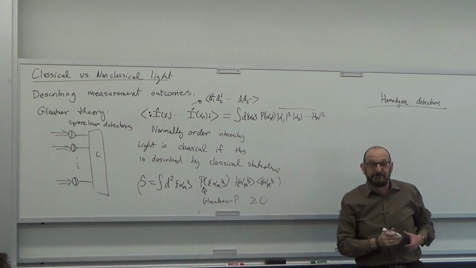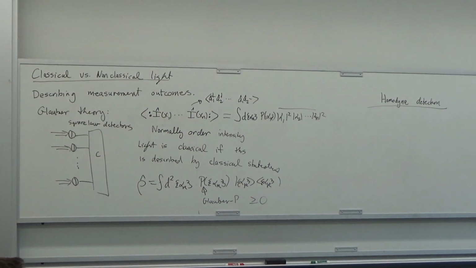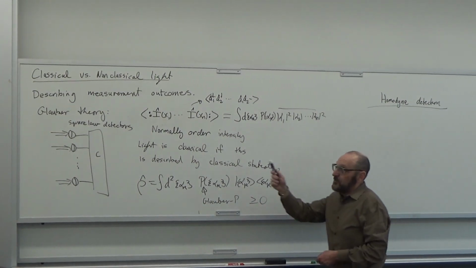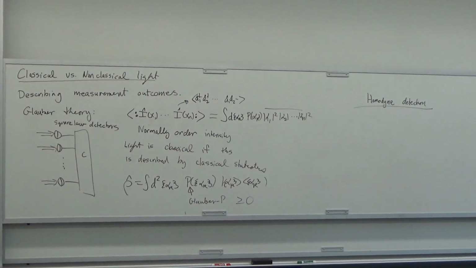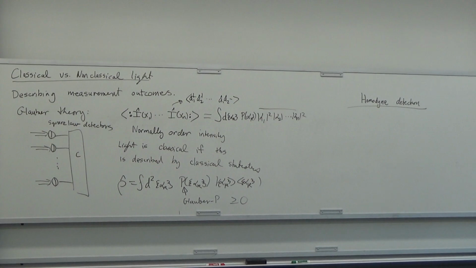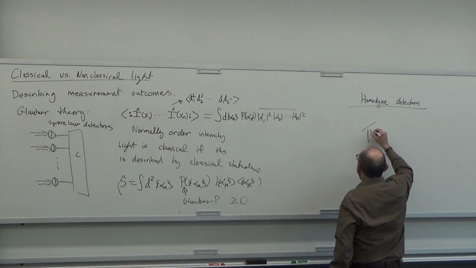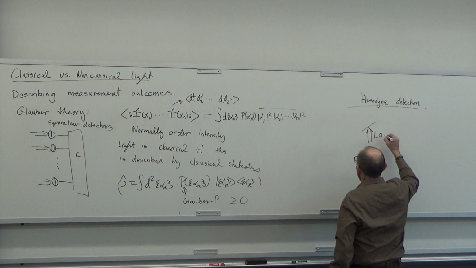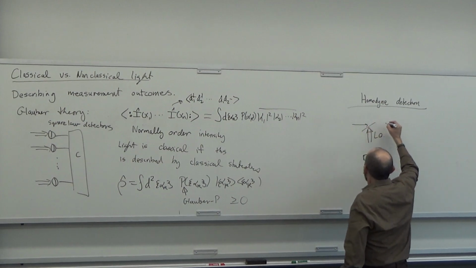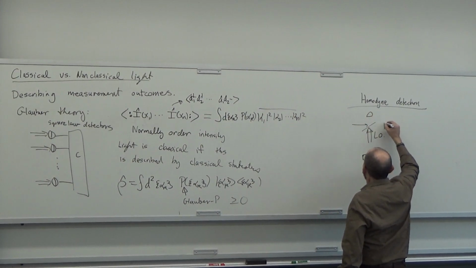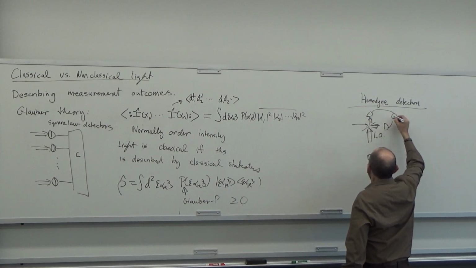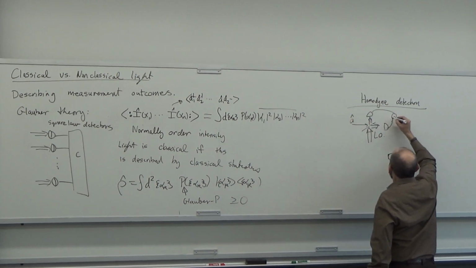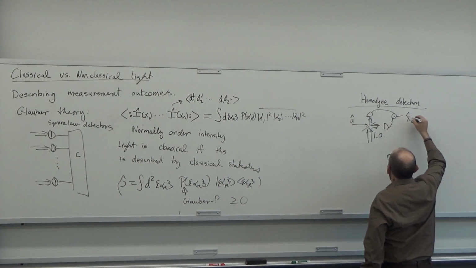That's a different measurement. It's not direct photon counting. It's taking whatever the light we want to measure and mixing it on a beam splitter with a strong local oscillator. And then we could have a balanced homodyne if we like, because that's fun. And if this mode is A, what we measure here is X.